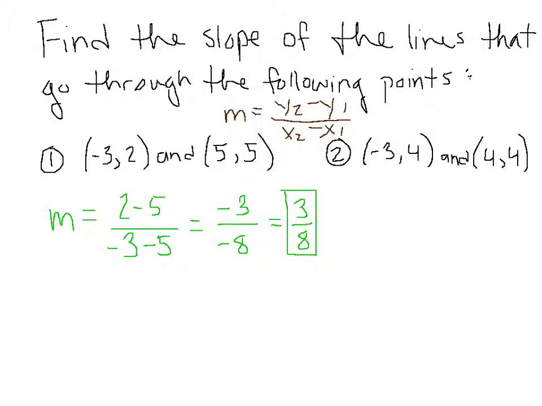Now for the second problem, instead of starting off with the first y value and doing the first one minus the second, I'm going to do the second one minus the first for this problem, just to prove a point, and I'll show you what that point is in a moment. So I'm going to have this 4 minus this 4. So I'm going to start with the second number, which is also 4, and we're subtracting.